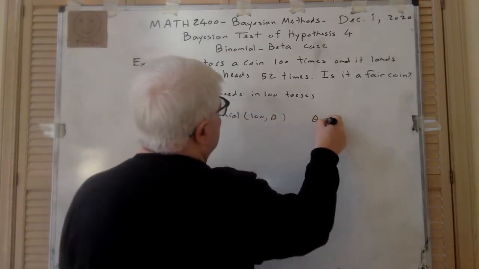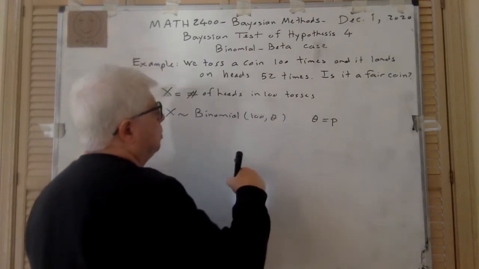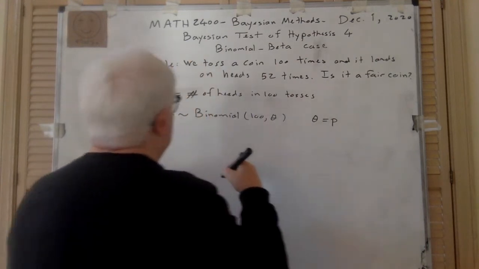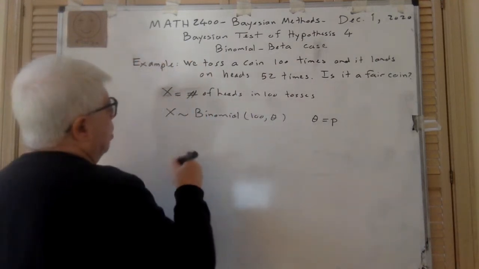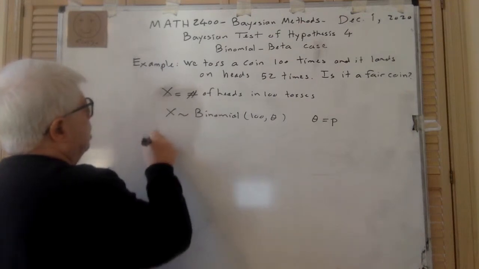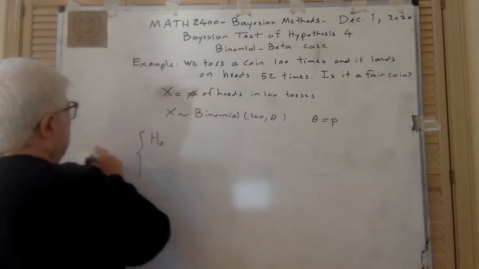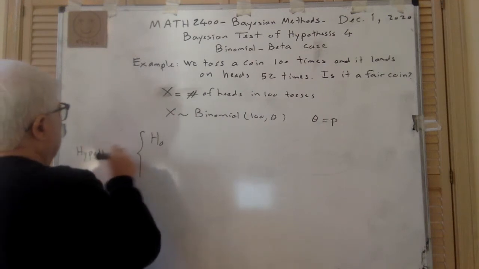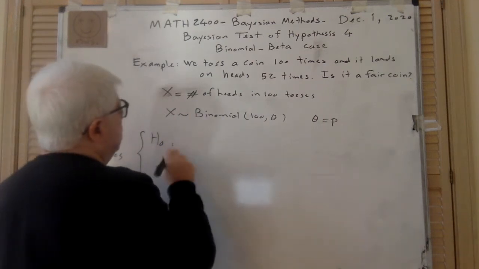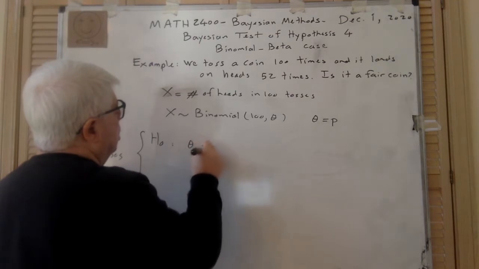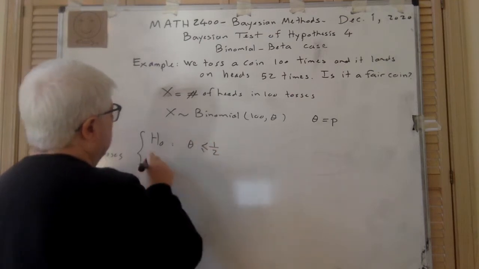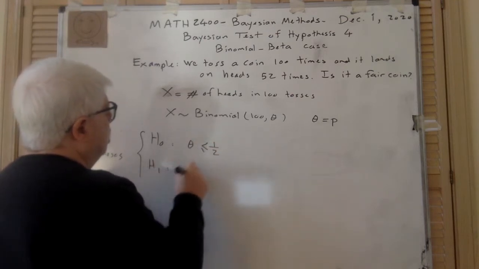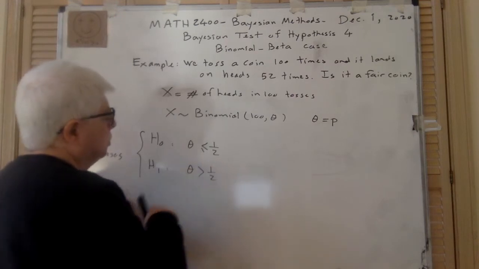This theta in fact is the T. Now let's say H0 is that theta is less than or equal to 1/2, and H1 is theta is bigger than 1/2.